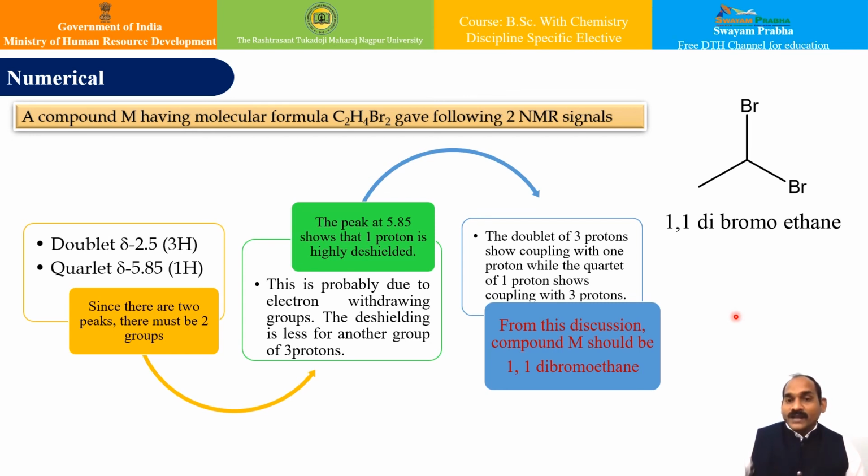If you would like to really solve problems based on NMR spectroscopy, one needs to go into much more detail, which is obviously part of your higher level curriculum, and that will give you an interesting frame to look at NMR analysis.